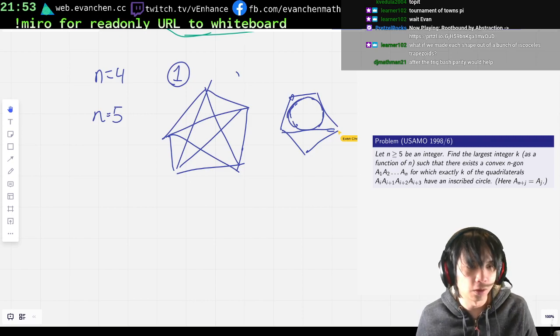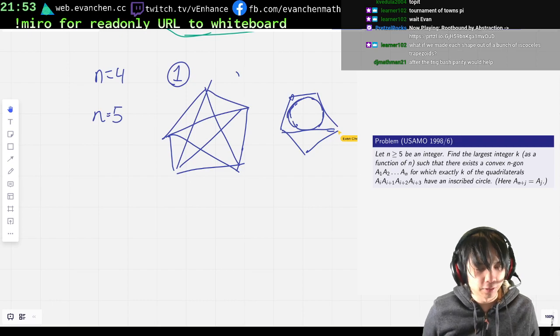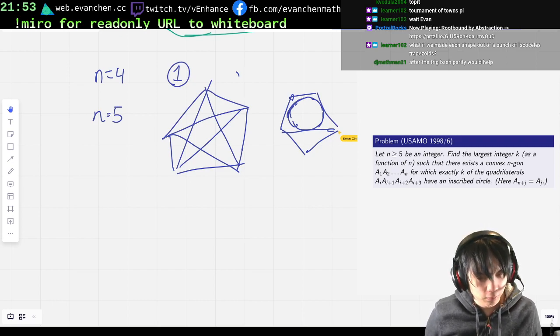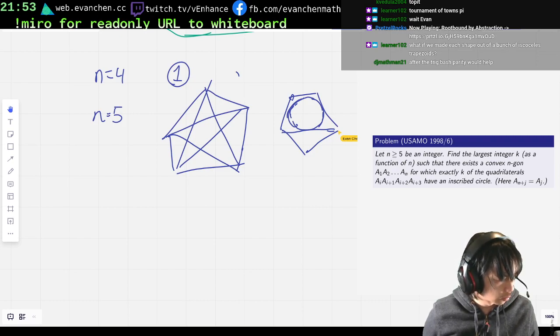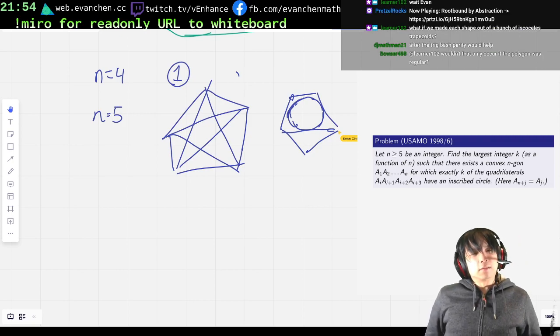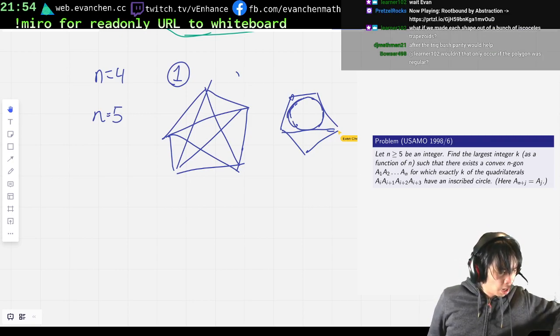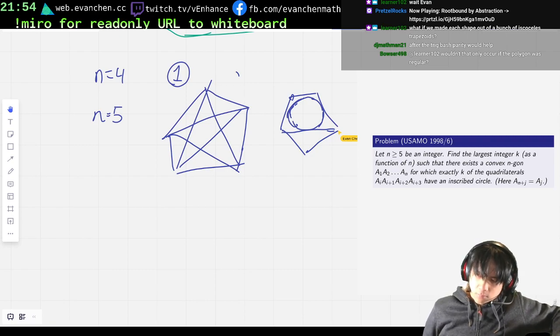Isosceles trapezoids are not necessarily circumscribed. It's not how many cyclic quads can you get, it's how many circumscribed can you get. So it is true that regular polygons actually do okay.